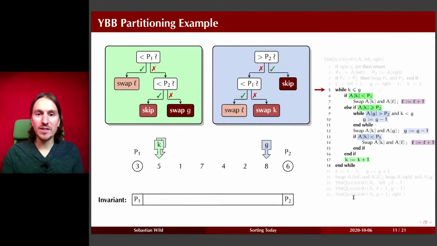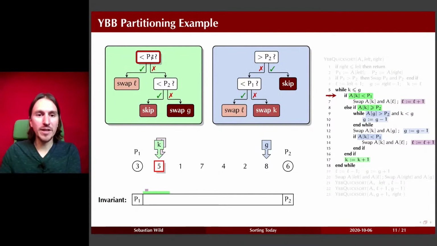To help you understand how it actually works, I want to go through an example again. So we have, again, a list of numbers, and then there will be the pointers moving around, the green and the blue one. The green one starts, and now what is to be done is shown in the picture above. So we start comparing, as this box says, to the small pivot P1.